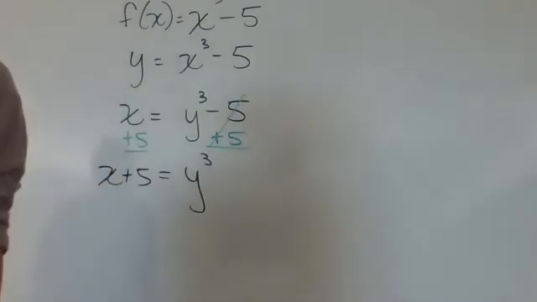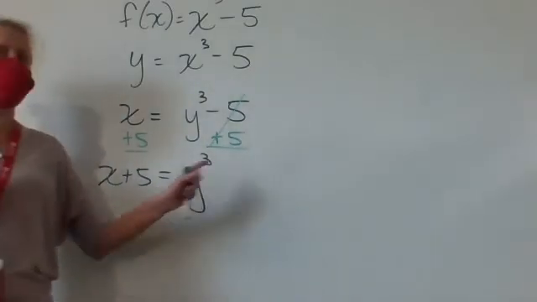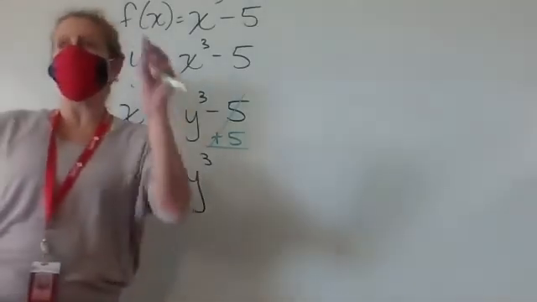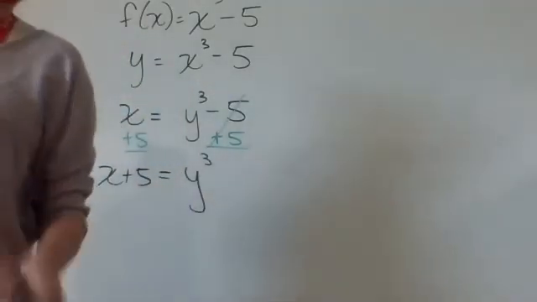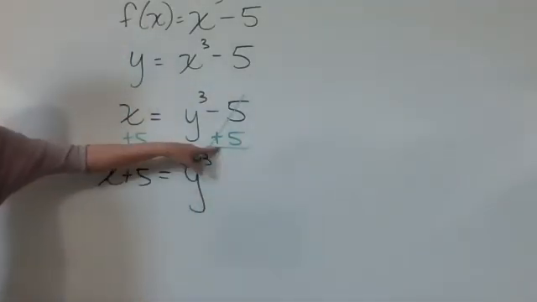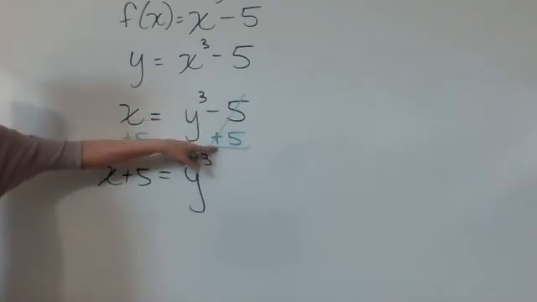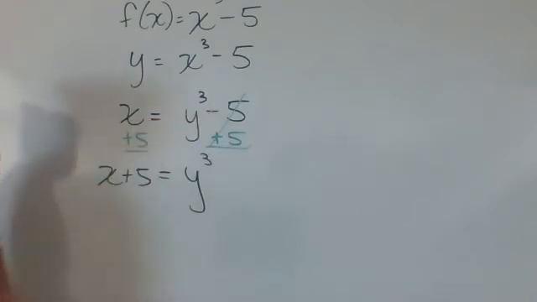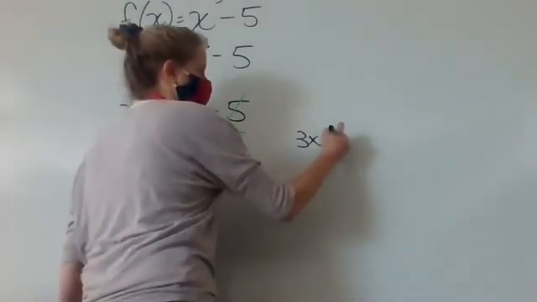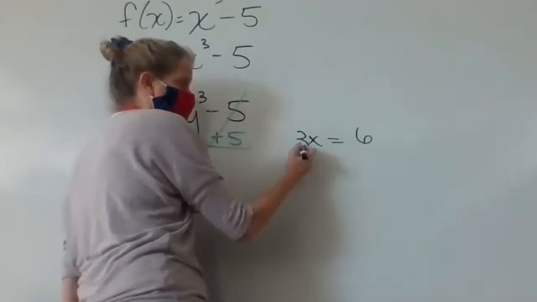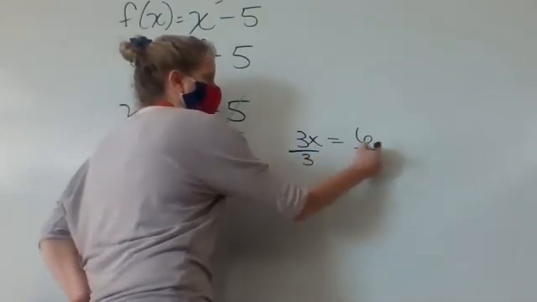So what I have to do is figure out how to get rid of that third power. So here's what you do. Remember, to knock stuff out, you do the opposite of it, right? The reason we added 5 is because we wanted to get rid of a minus 5. You do the opposite of it. That's what knocks it out. If we have 3x equals 6, to get rid of the 3, since it's times x, what's the opposite of times?